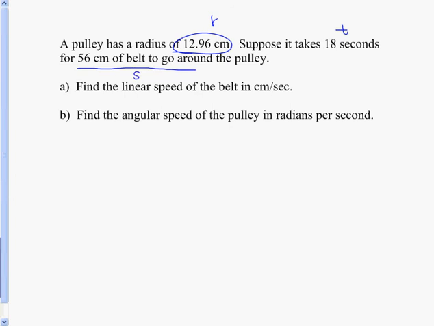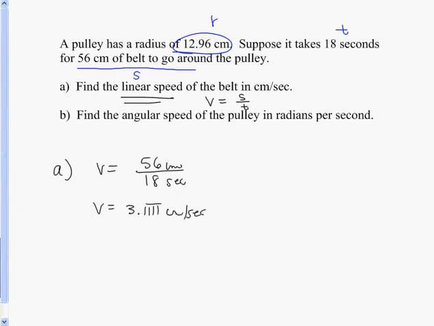So we want to find, first of all, linear speed. Linear speed, that's easy. Arc length over time, we can do that. Arc length, 56 centimeters over the time, 18 seconds. And that is going to be 3.1111, you get the idea, centimeters per second.